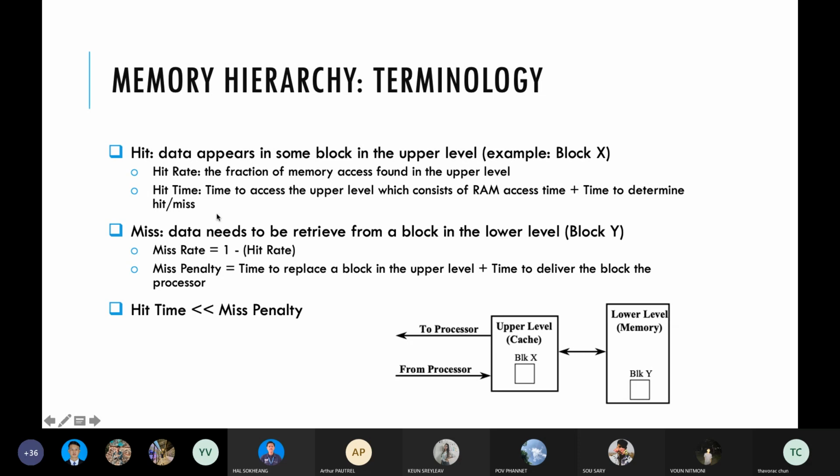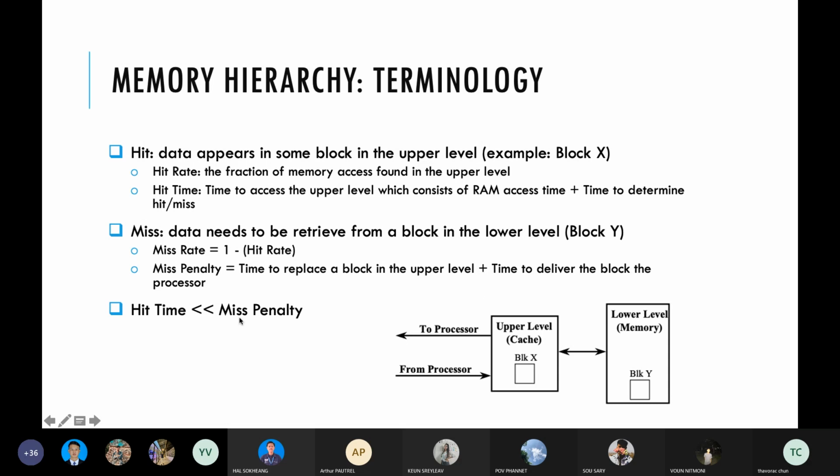So we call it hit time. But miss penalty is the same thing as hit time, but it adds additional time to replace the block. Because normally when the data cannot be found in the cache, you need to replace the block from memory. So when you are replacing something, you need time to do it. So for miss penalty, we need the time to replace here, and the time to deliver to the CPU.